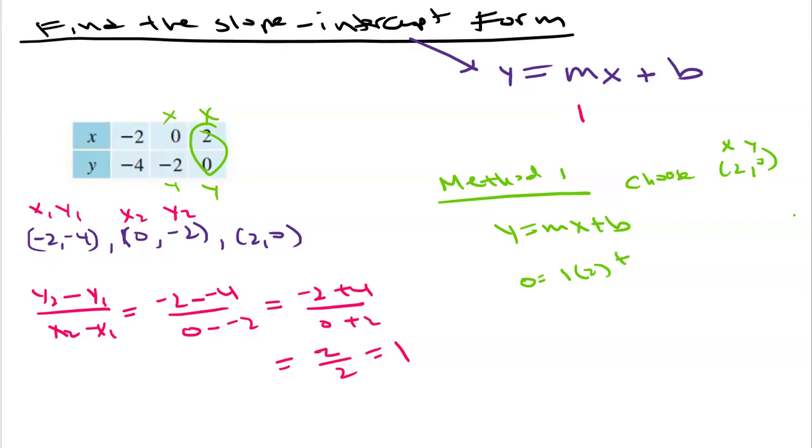Then I have the plus b, so I just solve for b. 1 times 2 is 2. Then I subtract 2 on both sides, so we get b equals negative 2. Okay, so in this case my answer would be 1x minus 2, or just x minus 2.